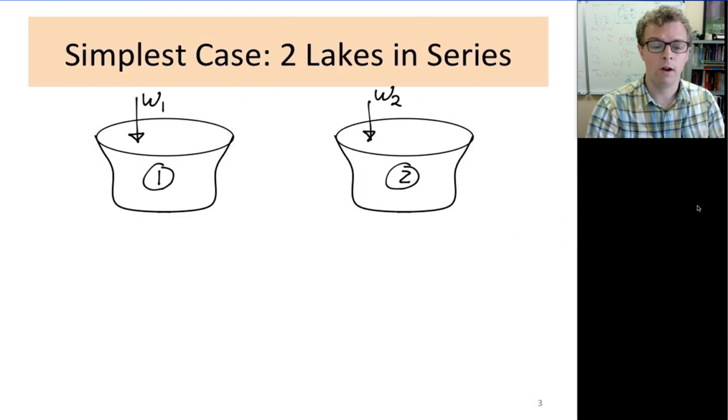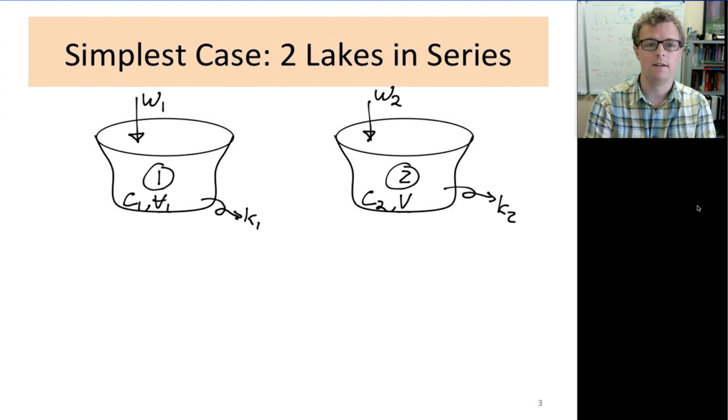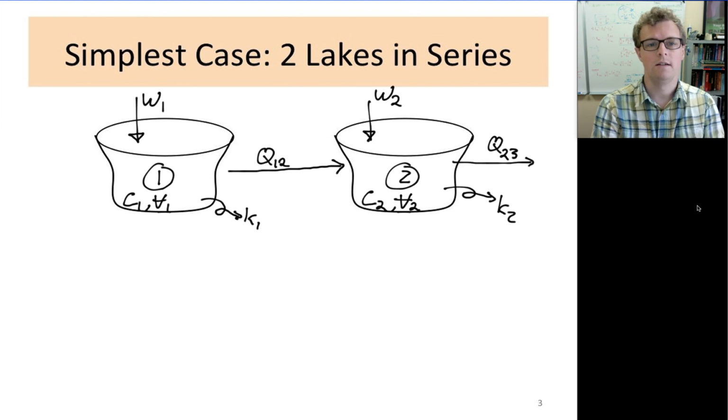So let's look at what I think is our simplest case for lakes in series, two CSTRs. What you can see I've drawn here are two well-mixed systems, each that has a load, W1 and W2, a concentration, a volume, and a first-order reaction, K1 and K2.